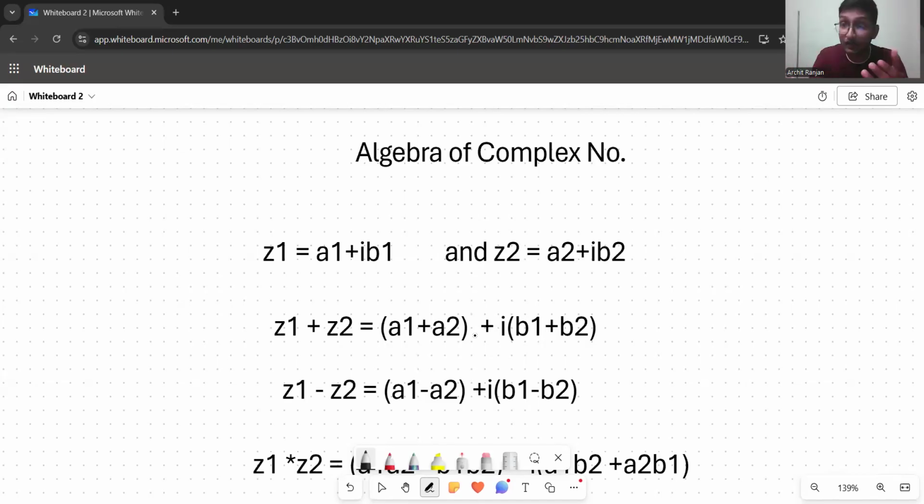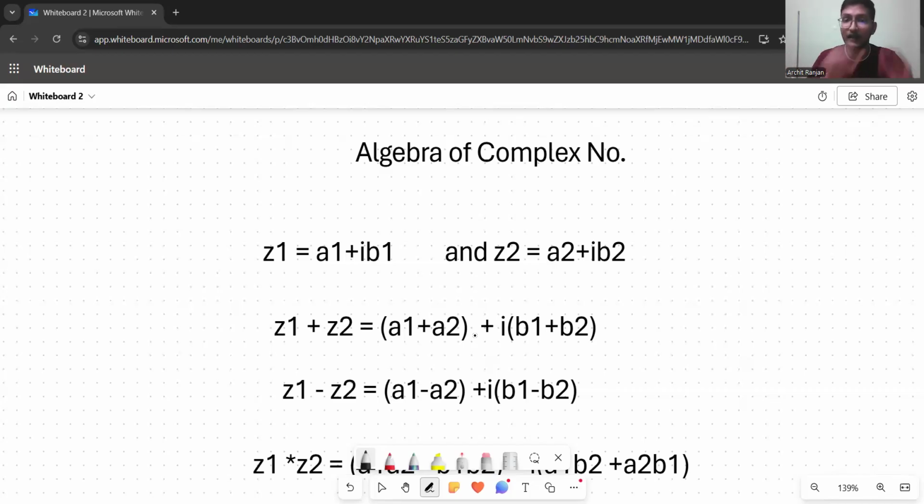Because when we are going to compare two complex numbers, we are basically going to compare them using the real part and the imaginary part. From common sense, if Z1 and Z2 have to be the same complex number, then A1 has to be equal to A2 and B1 has to be equal to B2.